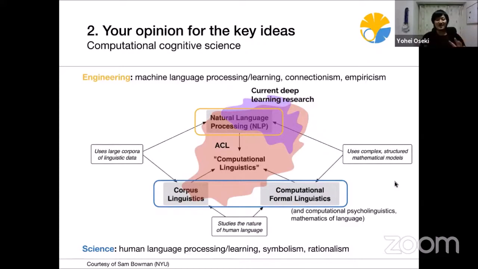We compare human and machine language processing to reverse engineer human language processing, and we try to bring insights from the scientific study of language into the engineering study. This is sometimes called cognitive computational modeling of language. Here I call this field the computational cognitive science of language.